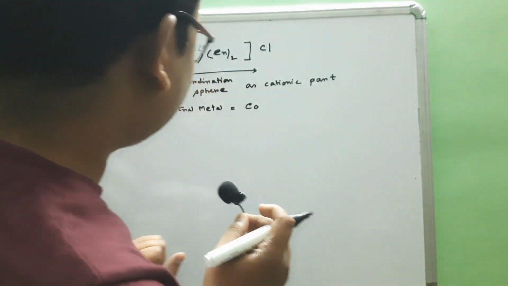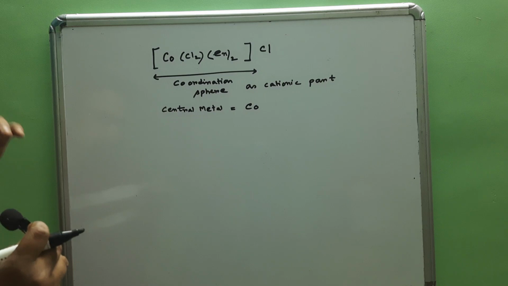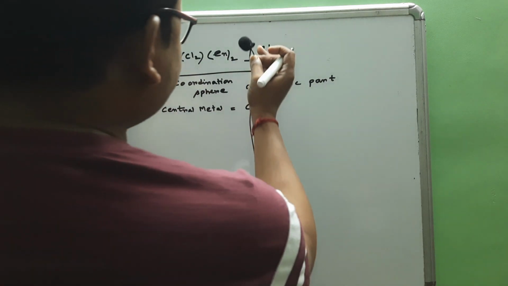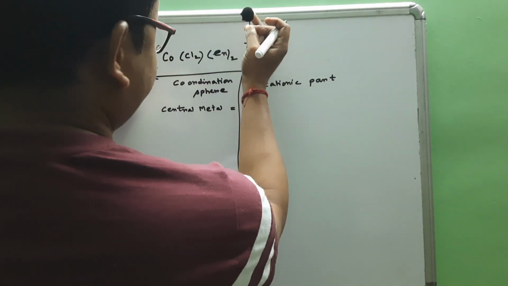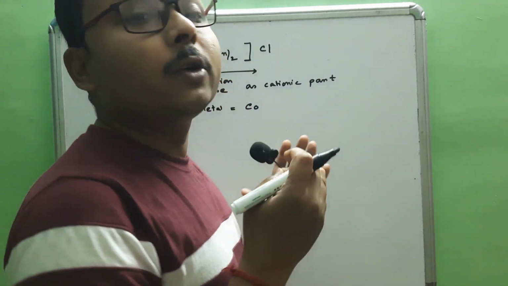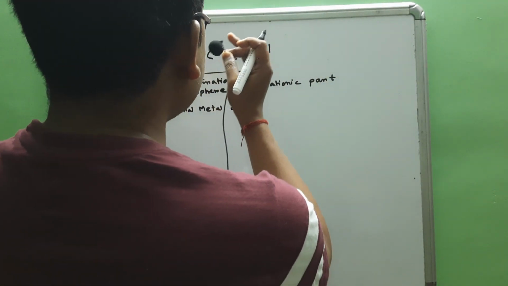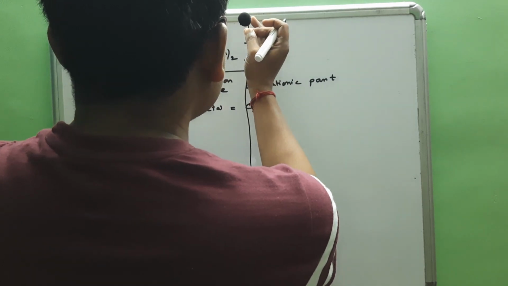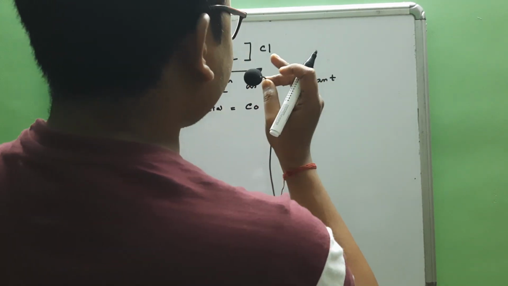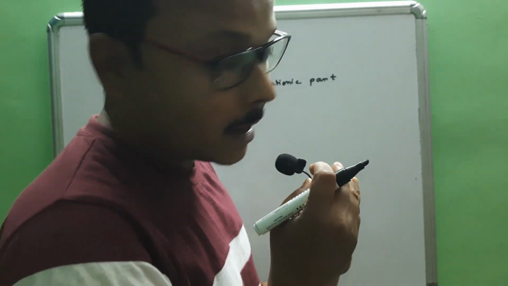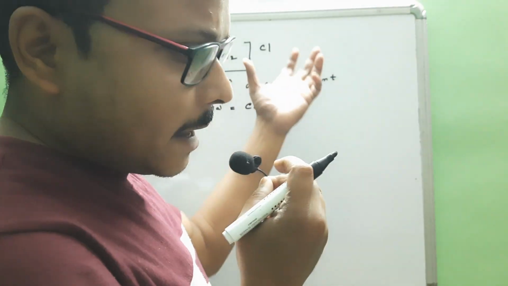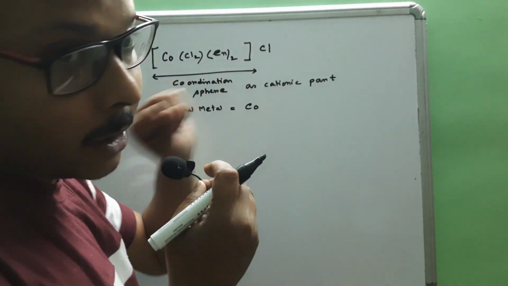Why? Because this portion is written first, and in a molecule the cationic part is written first. So the coordination part acts as the cationic part, and the chloride is the anionic part.